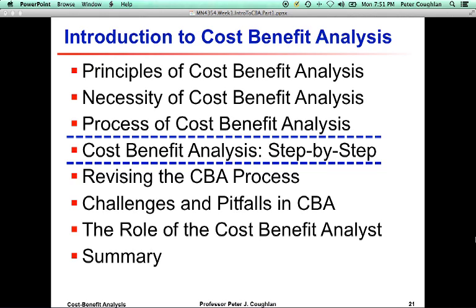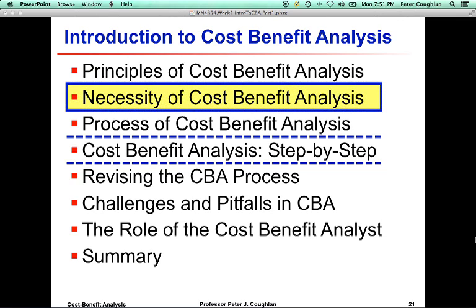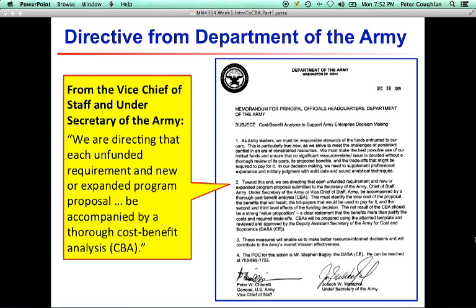Having covered the principles of cost-benefit analysis, our next element is to talk about the necessity of cost-benefit analysis, right? Why should we do cost-benefit analysis? Why do we have to do this? Well, the first answer to that question is because the boss says so, right? It is a directive from the Department of the Army that cost-benefit analysis must be conducted.